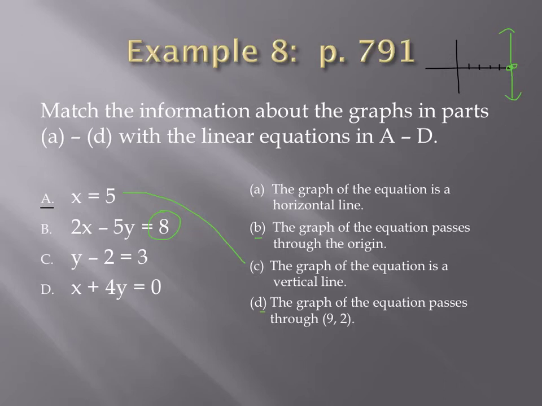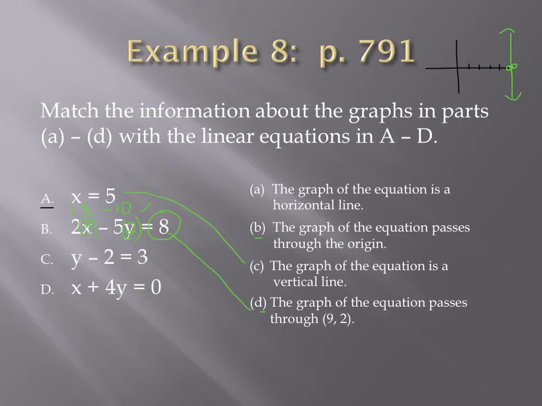So let's try D and see if it passes through (9, 2). So if I plug in a 9 and I plug in a 2, 2 times 9 is 18, minus 5 times 2 is 10, that gives me 8. So B matches to this statement D, the graph of the equation passes through (9, 2).